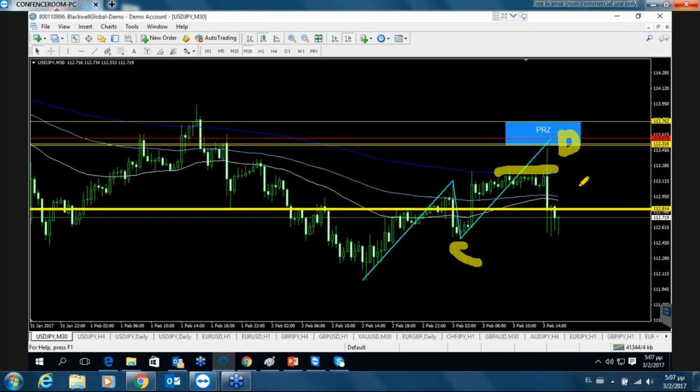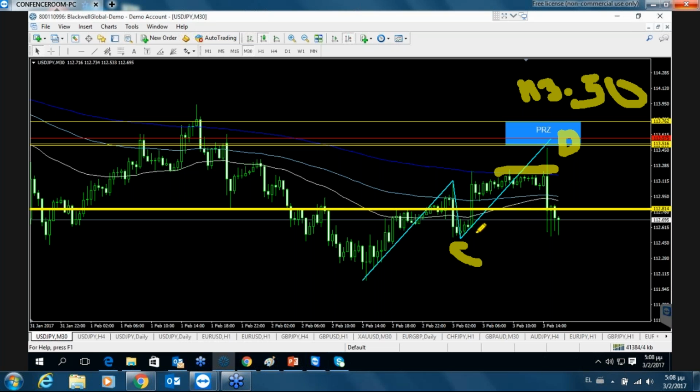And we did say that the D would actually reach around that area, but not to take profit straight away. The reason is because it would actually be reaching the 113.50 area, right? So as you can see, you've got this spike all the way up there, right? And it came down all the way.